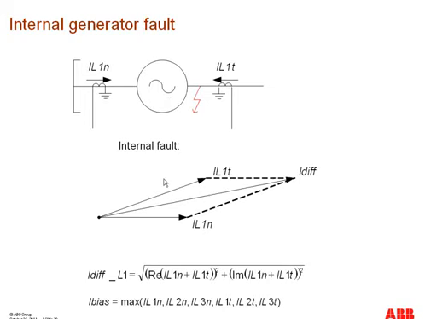In that case, the I differential would be the vectorial sum of this current as well as the neutral side current, whereas the bias current would be the maximum of any phase current. In case of internal faults, the ratio between the differential and bias current would be greater than 1, and that would be an indication of the internal differential fault.